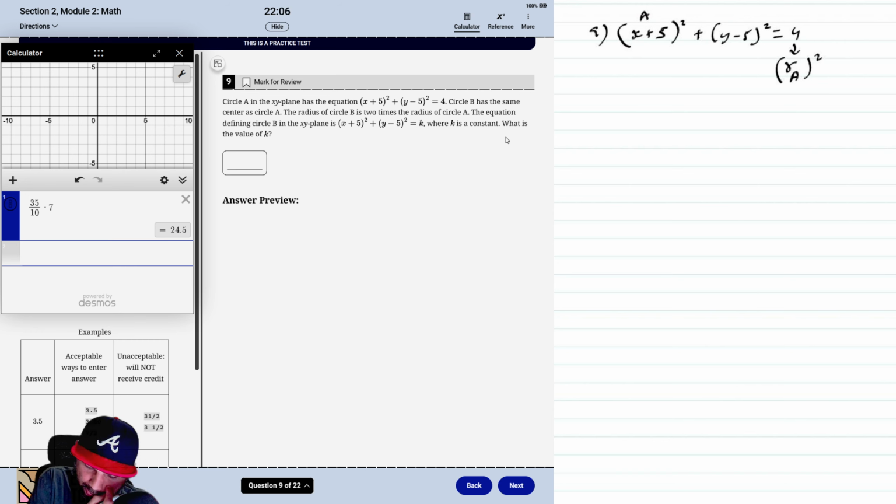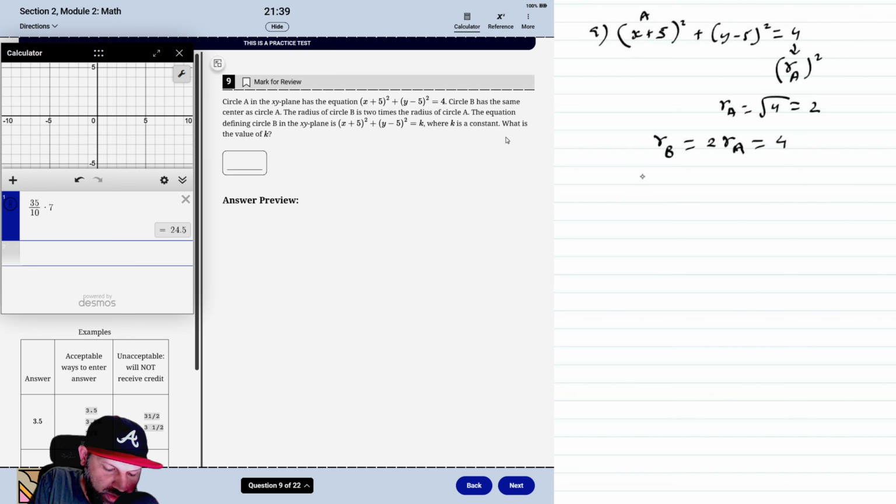So RA is going to be equal to the positive square root of 4, which is 2. We're given that RB is 2 times RA, twice the radius of A. So RB is going to be 4.